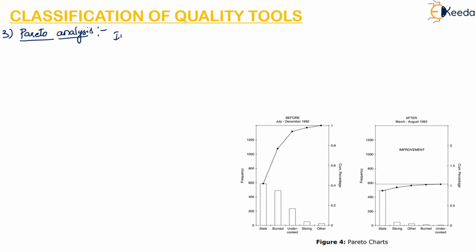A Pareto chart is a special type of histogram that can easily be applied to find and prioritize quality problems, conditions or their causes in the organization. So this is a type of histogram which can be used to find and prioritize, that is, to give importance to the quality problems, the conditions and their causes in the organization.